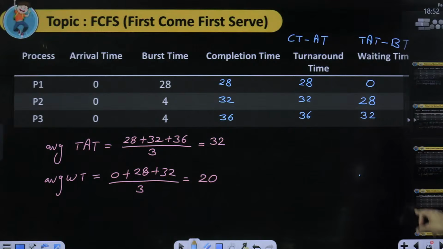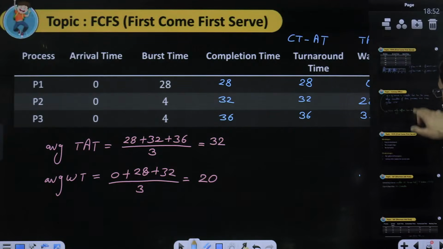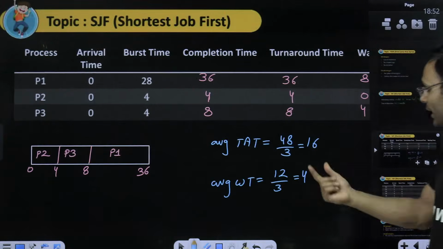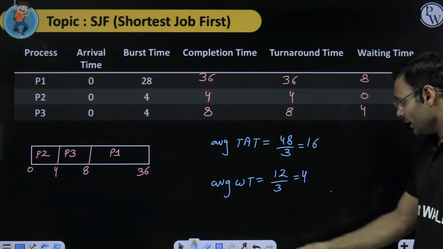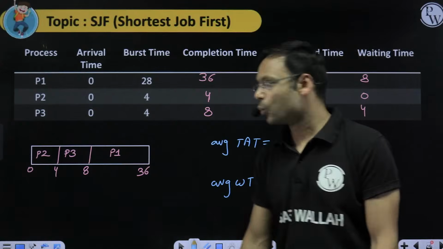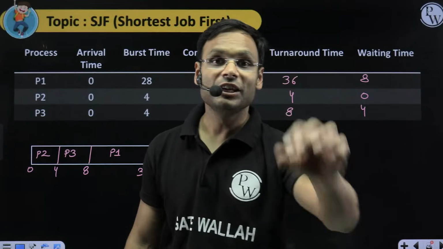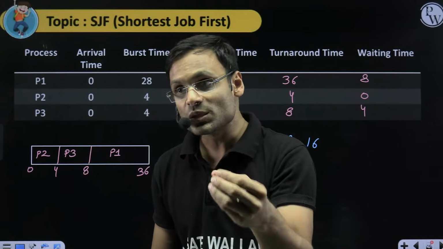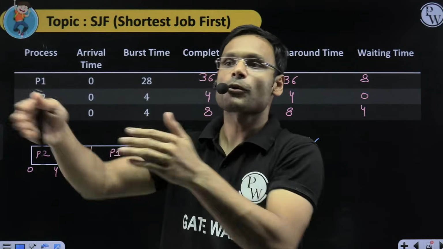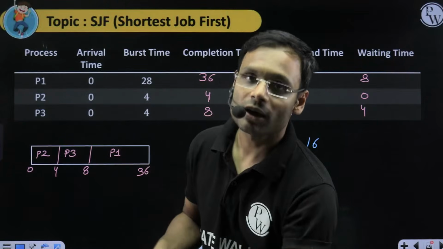But same scenario when we solved using SJF, the average waiting for each and every process is just 4. Drastically reduced, yes. Why? Just because we have scheduled the smaller process first. So the remaining processes will not have to wait for longer to run.